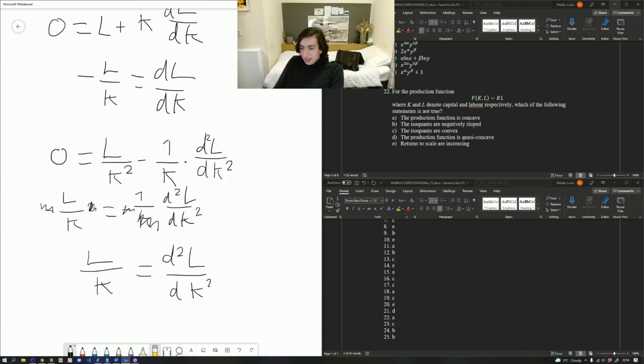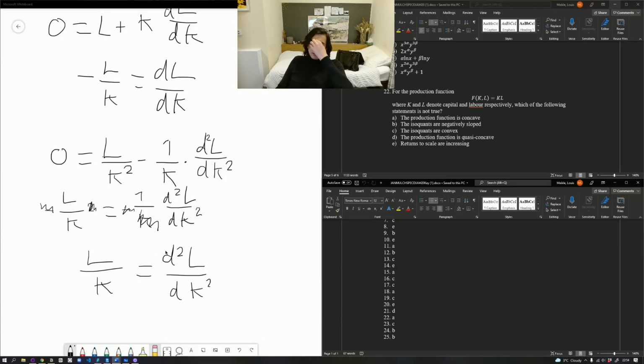K isn't equal to 0, it's always going to be above 0, and L is also above 0, so it cannot be negative. So we're showing it's concave. No, we're showing it's convex, sorry. That shows it's convex, because it's exceeding 0.